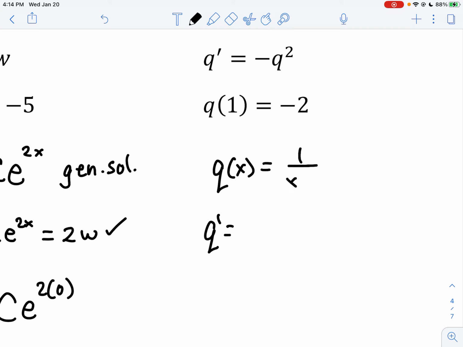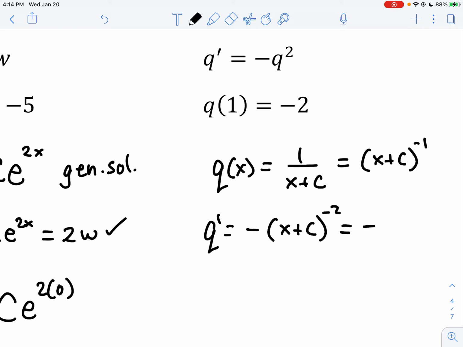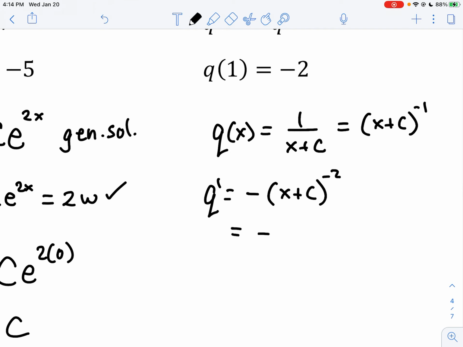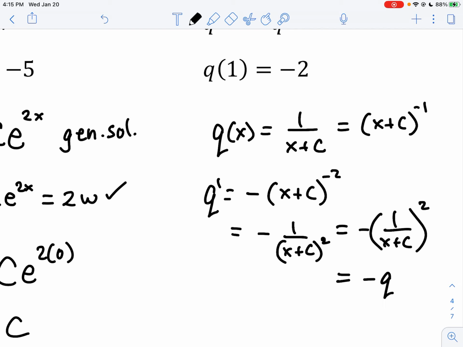What if I do 1 over x and add the constant to the x down there? Let's just see what happens with this. This is the same thing as x plus c, all raised to the minus 1. So if I differentiate that, I get minus, and then x plus c raised to the minus 2, which is negative 1 over x plus c squared, which is negative 1 over x plus c, all of that squared, which is negative q squared.